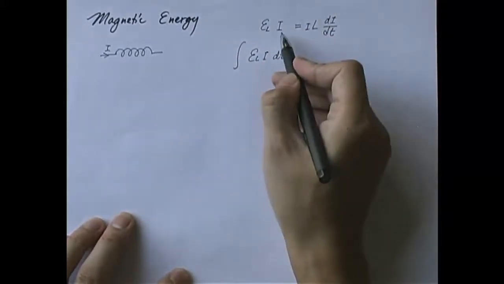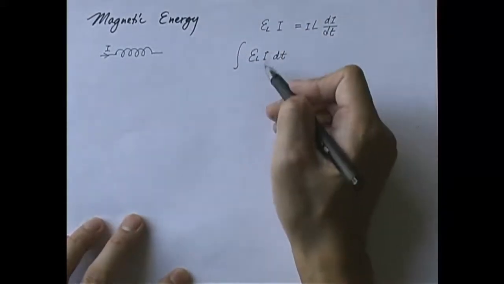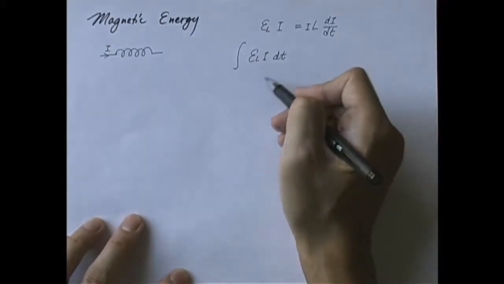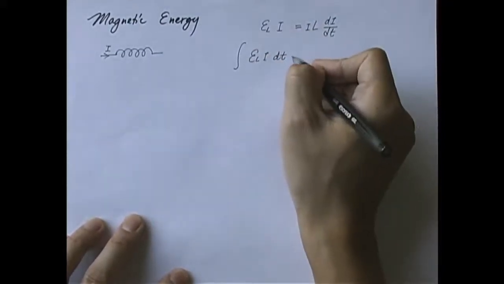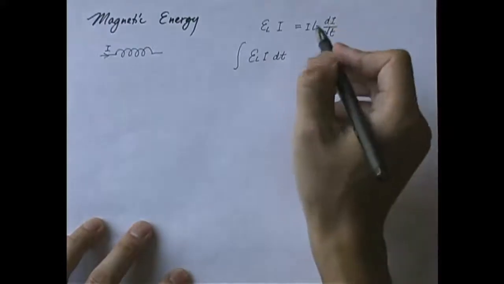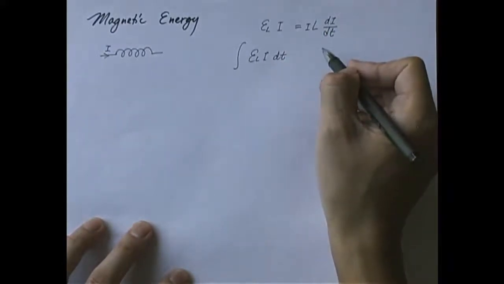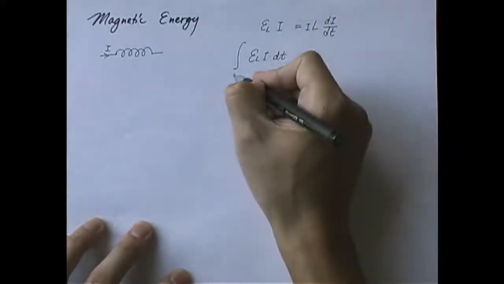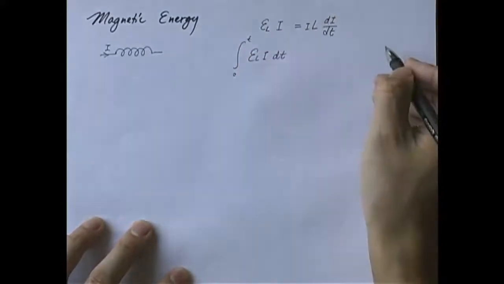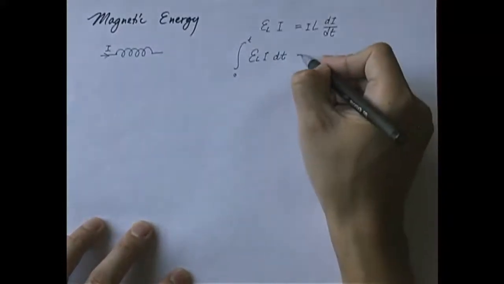Because this is just power, it's energy consumed per unit time, and that's the total amount of energy you have to spend from the initial time to the final time t. Let's see how much that is equal to.